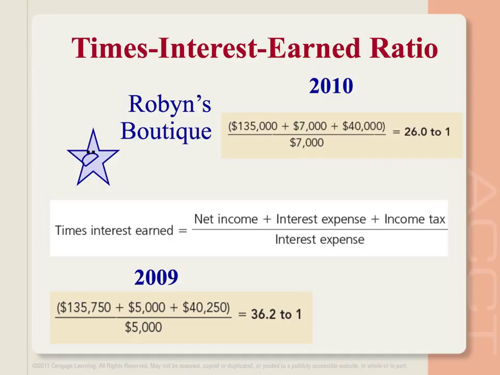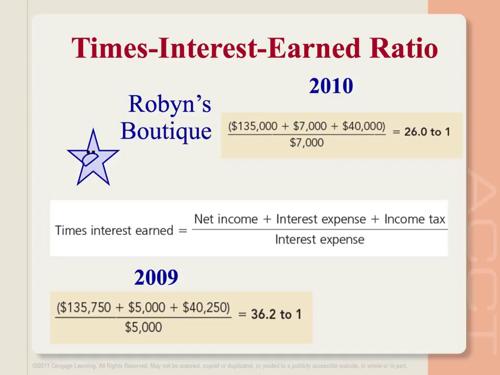Both interest expense and income tax expense are added back to net income because the interest is deducted from net income to arrive at taxable income. This adjustment gives us a purer measure of income available to pay interest. So we don't want the interest to be out of the net income because you'd be double dipping. This ratio is especially important to bankers and other lenders.